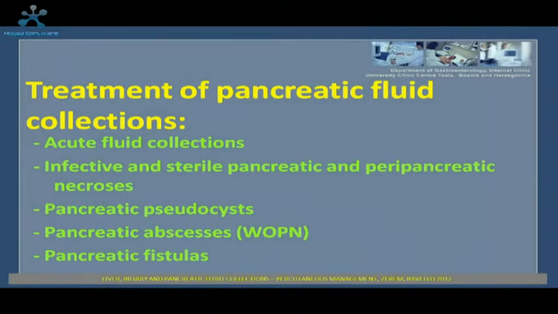Severe acute pancreatitis, acute necrotizing pancreatitis, and acute infected necrotizing pancreatitis can be associated with systemic complications such as multi-organ failure and sepsis, and local complications such as acute fluid collection, infected and sterile pancreatic necrosis, pancreatic pseudocysts, pancreatic abscesses, or walled-off pancreatic necrosis, which are defined according to the revised Atlanta classification, and pancreatic fistulas.